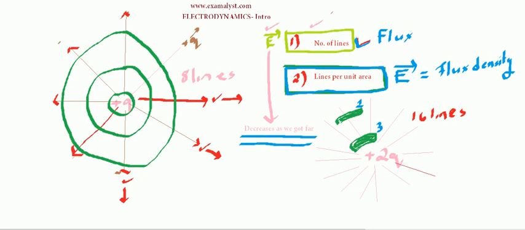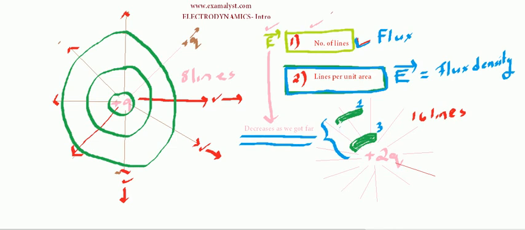Then we tried to find what geometrical quantity can actually depict an electric field. We found another geometrical quantity, lines per unit area, and we saw that it decreases as we go far away.